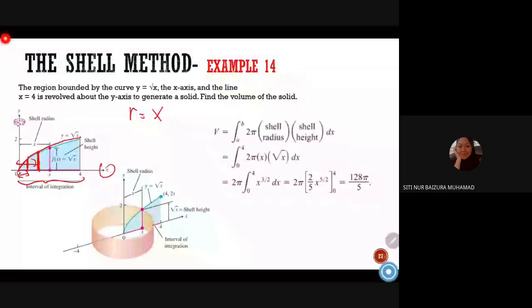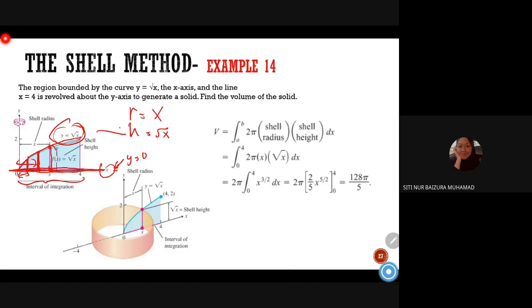Sebab the height ni we measure dari sini sampai ke bawah, which is the x-axis, line y equals to 0. So dia punya tinggi adalah y equals to square root x minus y equals to 0. So that's why h here is equals to square root x.